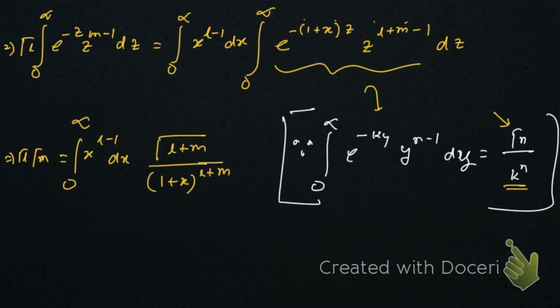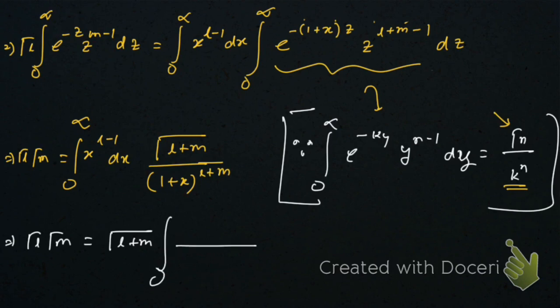Okay, so now you see gamma l gamma m, right? In this case let me write this gamma l plus m outside the integration, and integration 0 to infinity x to the power l minus 1 by (1 plus x) to the power l plus m dx. This part is nothing but beta l, m, right?